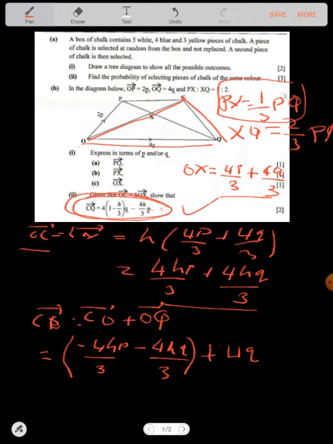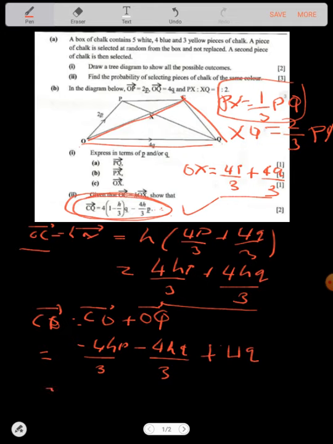So we have this part here, then we have also this part here. From here you can see that there's Q here and there's also Q here. They're like terms, right? And since they're like terms, we can just factorize here and keep the other value.